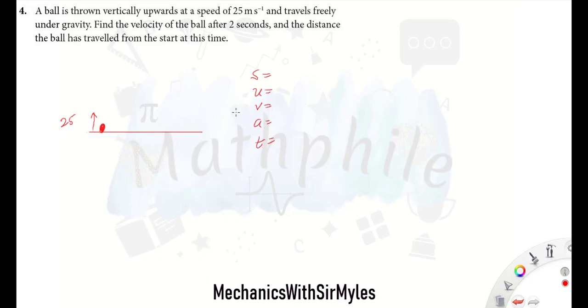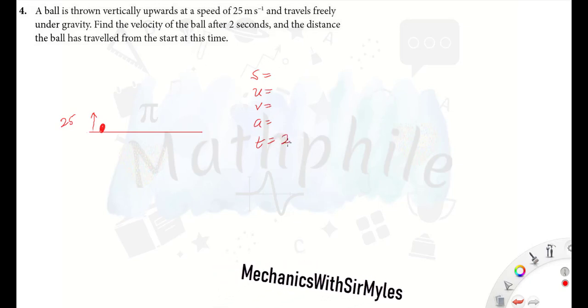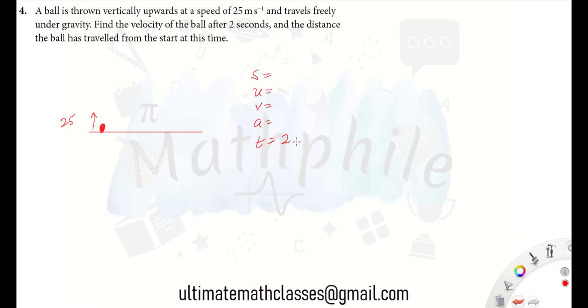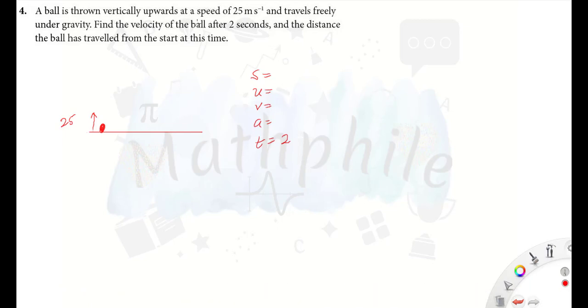What are going to be the values over there? Time is 2. What of the final and initial velocity? Which one is which? Initial is not 0, and that is where you get it wrong. This was projected with a speed of 25 meters per second. The reason the initial speed can't be 0 is that if there is no speed, how can it even go up?